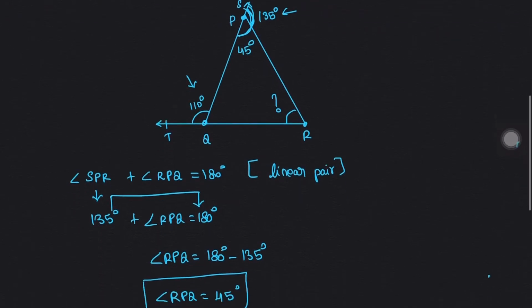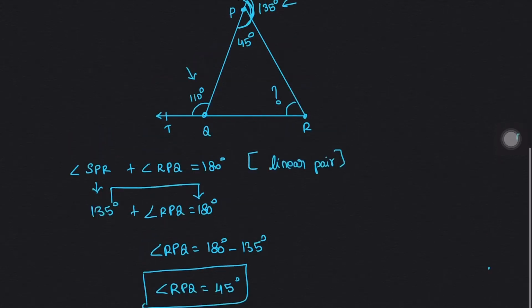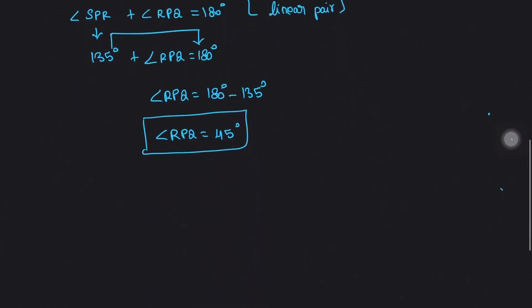Then this one is a linear pair. T, Q and R make a linear pair. So angle TQP plus angle PQR is equal to 180 degrees, because these two make a linear pair.